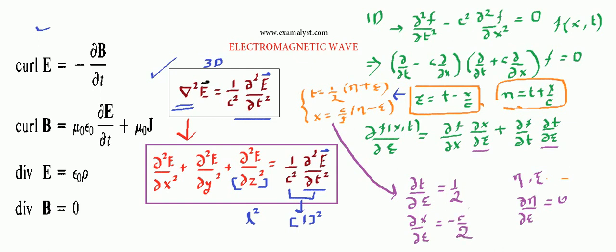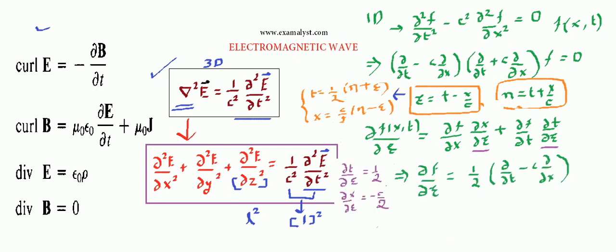Agreed? So you need to put this here, and this is what I get. If I remove the f term from both sides, then I can see that del by del epsilon can be written as this. Why have I done this?